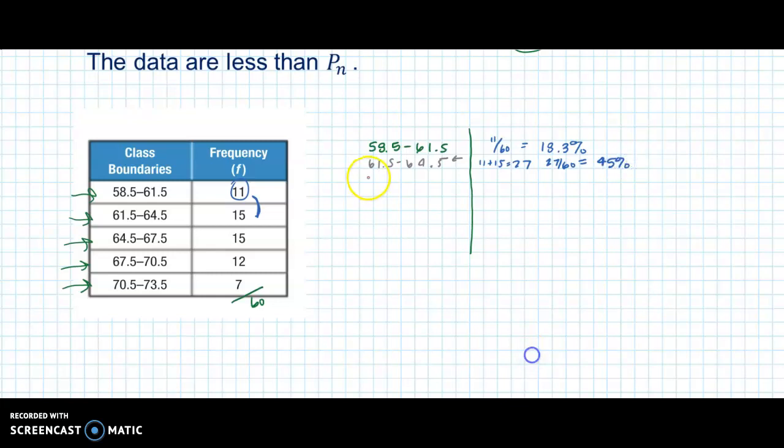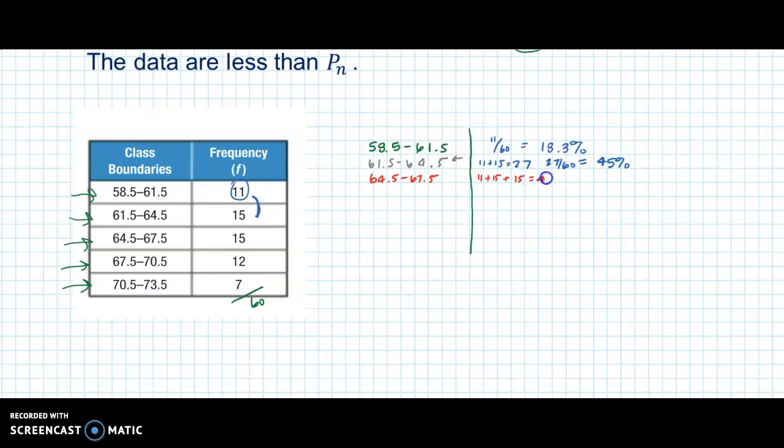So then the next range of numbers, 64.5 to 67.5, we're going to take 11 plus 15 plus 15 again.